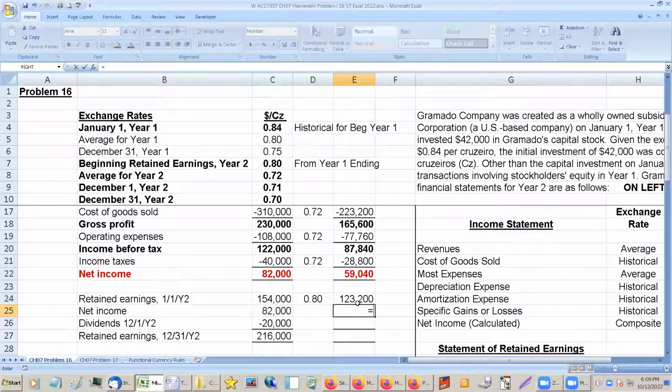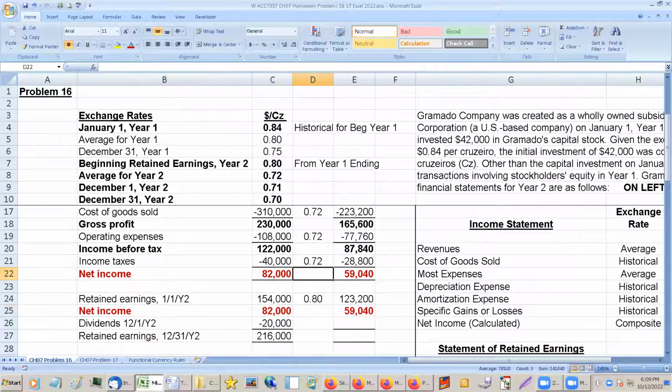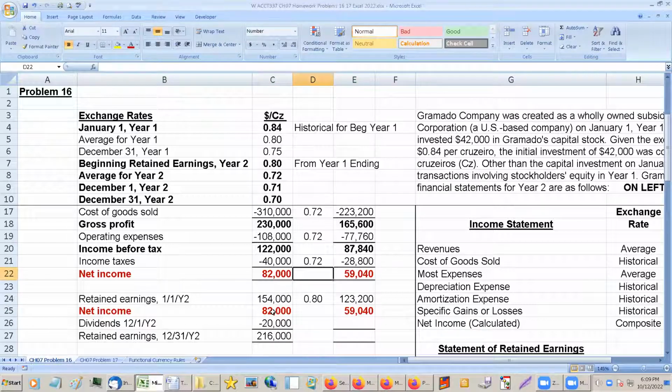Okay, and we get our net income is the same as up here. Same. Dividends were paid on. Let's see, this is dividends.